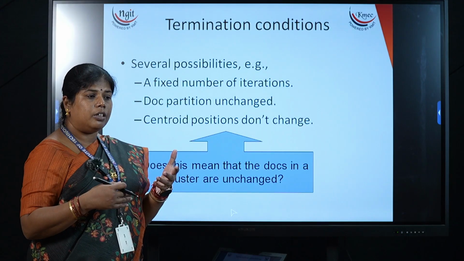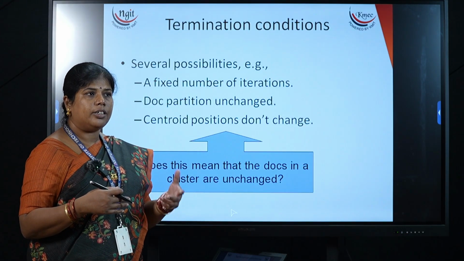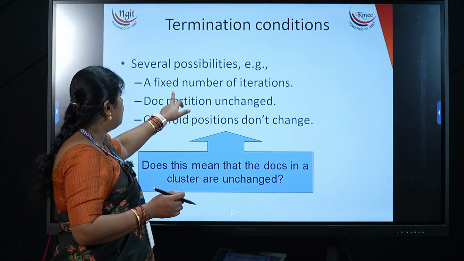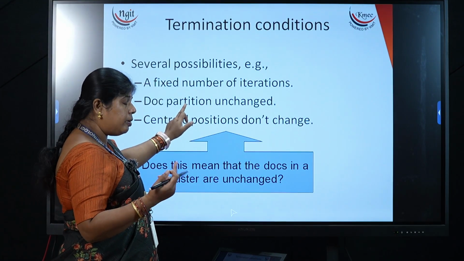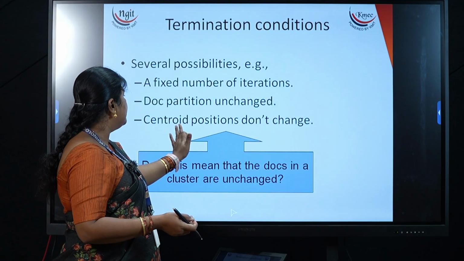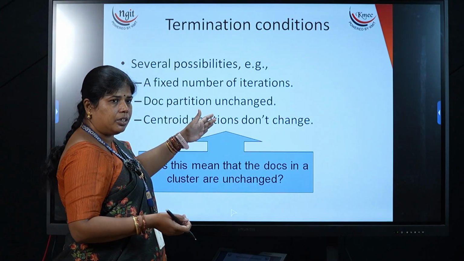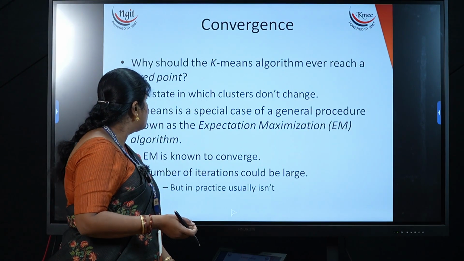When you think that your algorithm has converged, it is based on a fixed number of iterations, or the document partitioning is not changing though I am repeating the steps, and the centroid position is not changing. When one of these conditions is satisfied, your algorithm has converged.